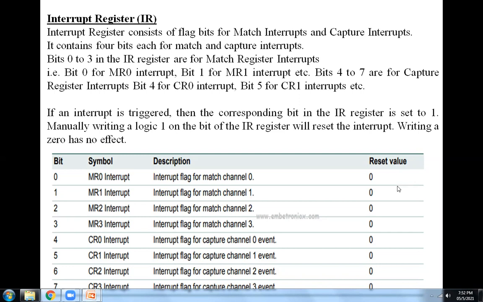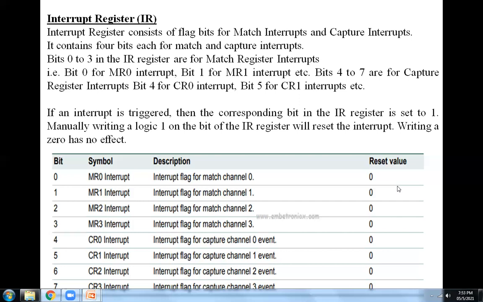It contains 4 bits each for match and capture interrupt. Bits 0 to 3 in the IR register are used for match register interrupts, that is bit 0 for MR0 interrupt, bit 1 for MR1.